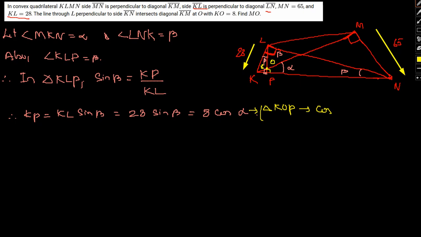So cos alpha is base over hypotenuse, the hypotenuse here being KO, which is 8, and base being KP. So KP by 8. Okay, so this is where we're getting our results from.